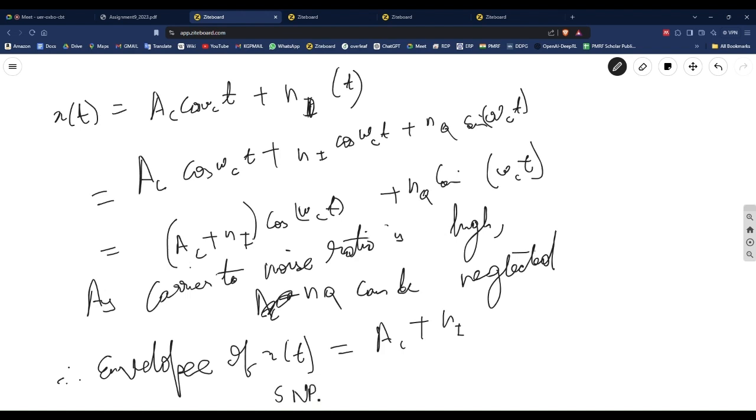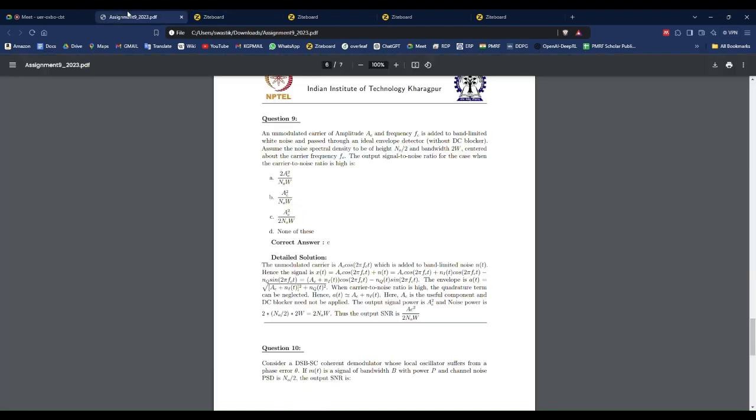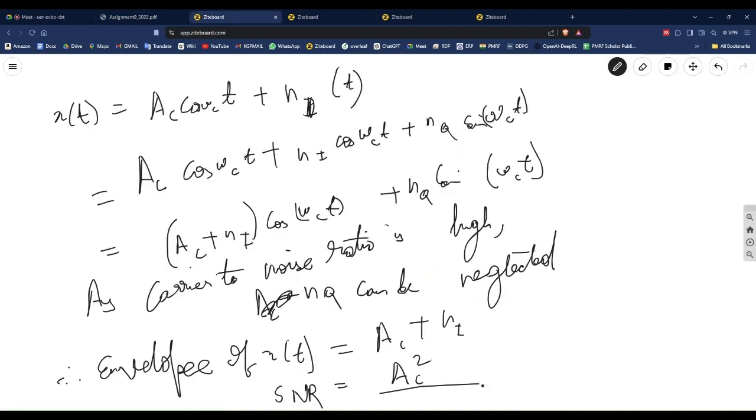And the SNR of this, since Ac is the only useful component, will be Ac square by half of the noise power, because only the in-phase component is taken.